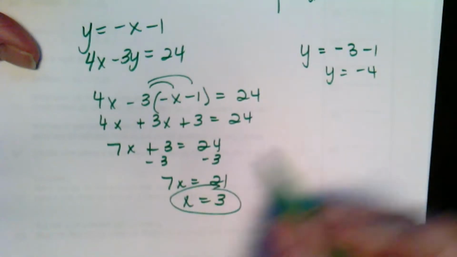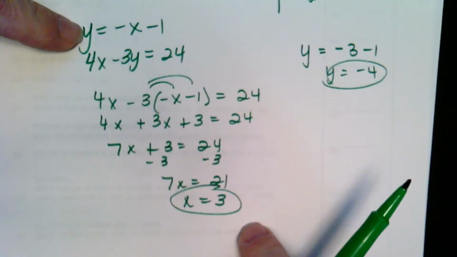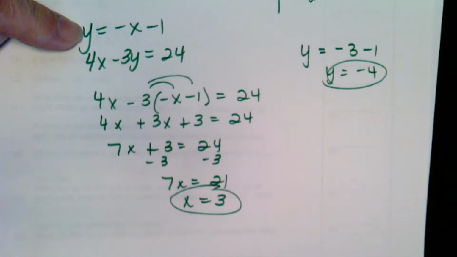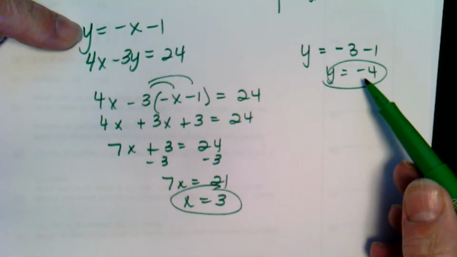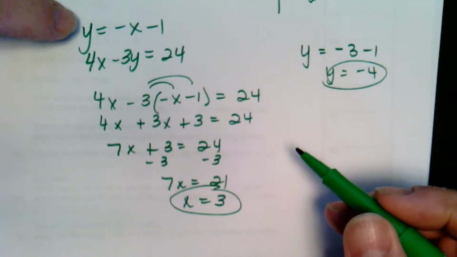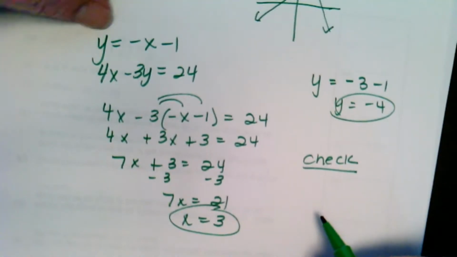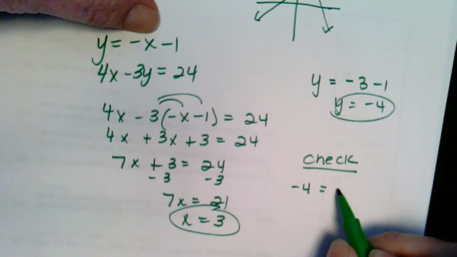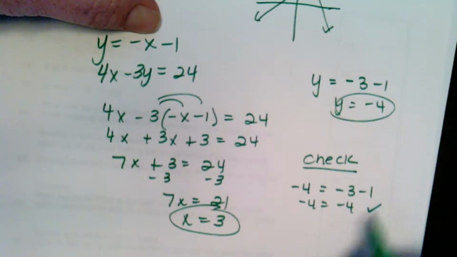So the nice thing about these is you can plug them back in to make sure they work, because we do make silly mistakes sometimes, and a mistake in the first part will make a mistake in the second part. So it's nice to plug them back in and see if it works. So this is just going to be my check. I'm going to first plug in my y, then plug in my x. That one checks out.